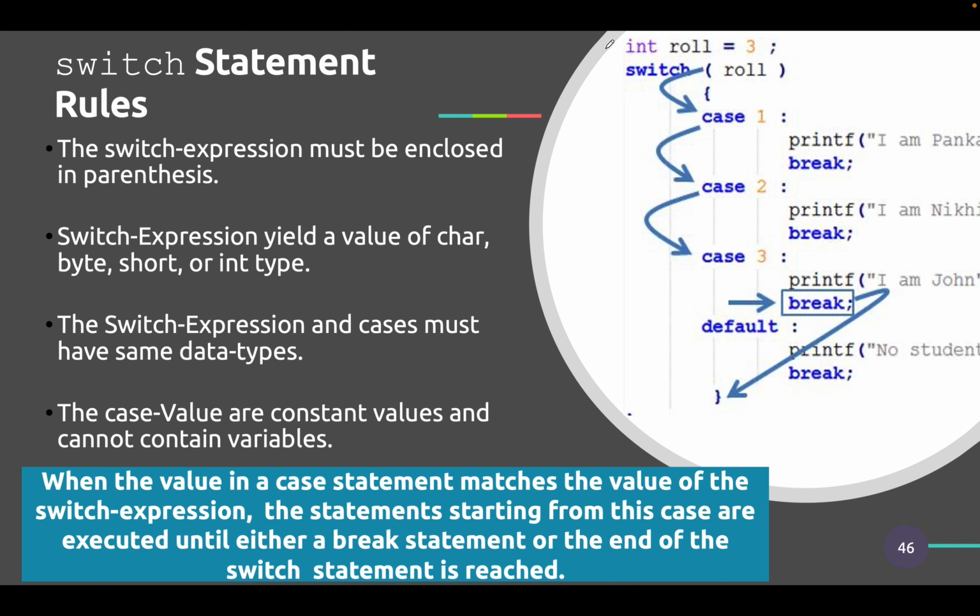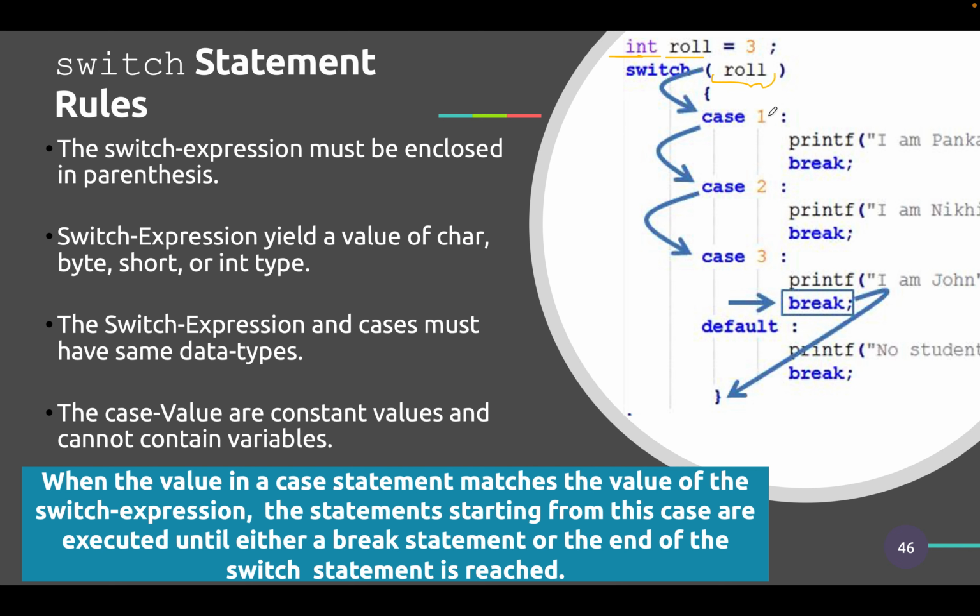So here we have an example that uses a switch. We have int, which is an integer, roll, a variable, which is equal to 3. And then we have a switch statement. We write here the name of the variable, and then we have different cases. Each case is either a number, or a character, or a byte or a short.